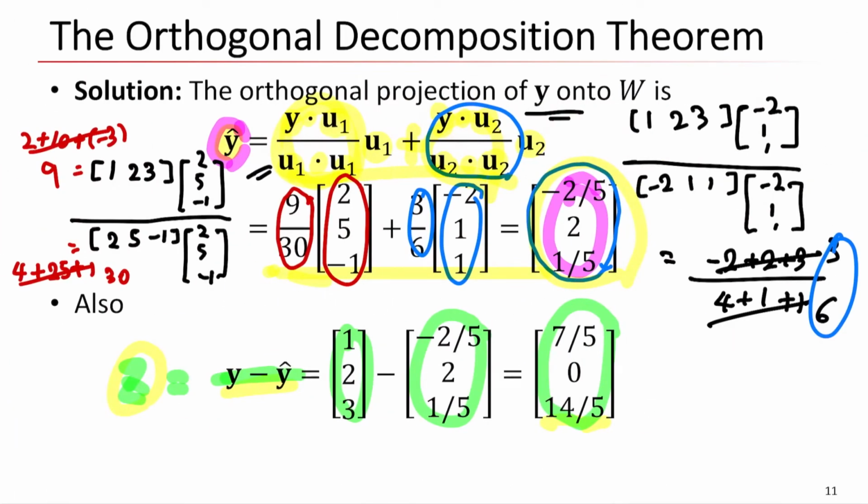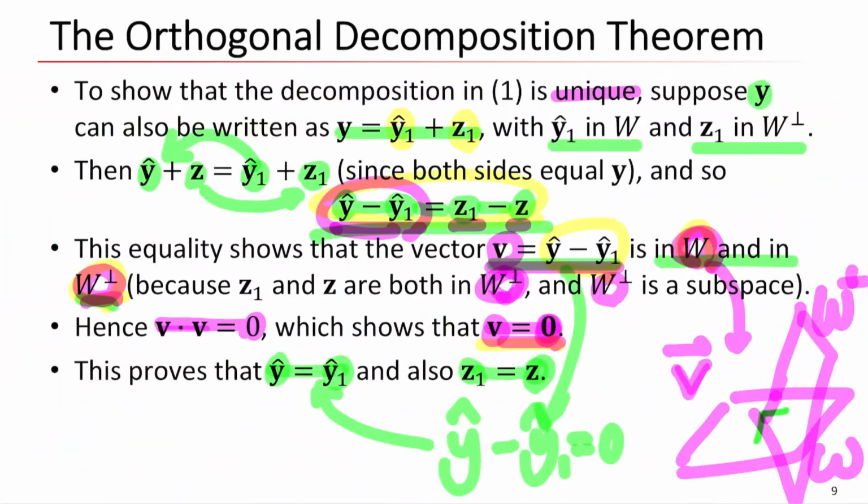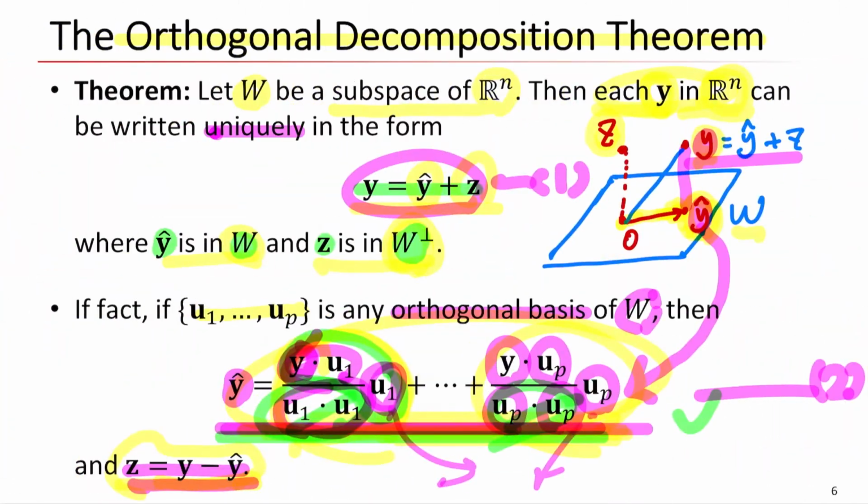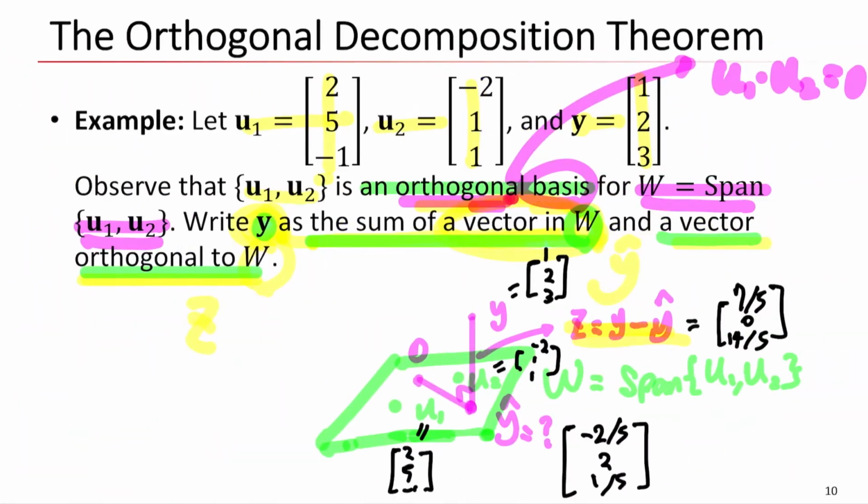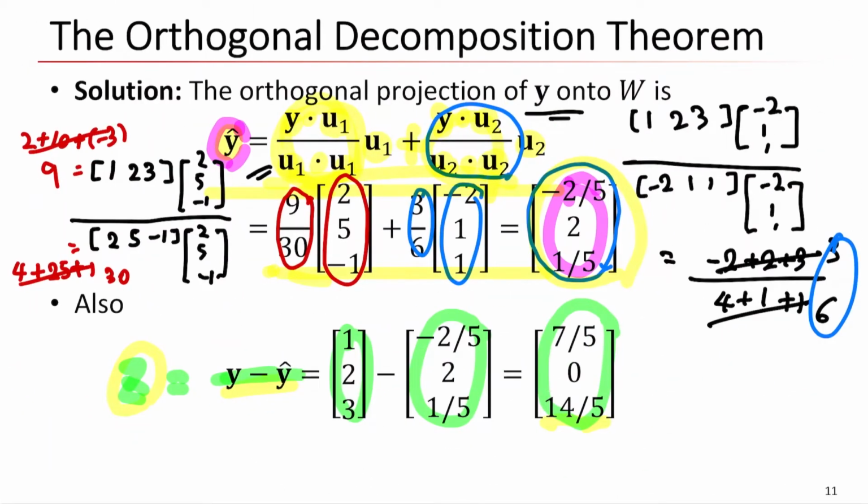So how can we do that? Because y hat is defined like this, as you can see here, by using u1, u2 and y, we can easily find y hat like this. Then if we find y hat, we can easily derive z, which is defined as y minus y hat.